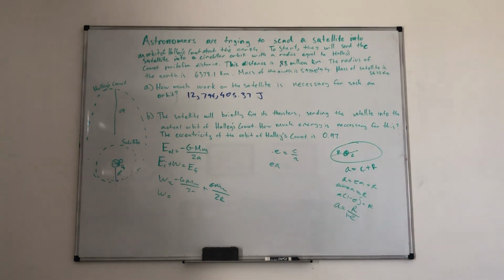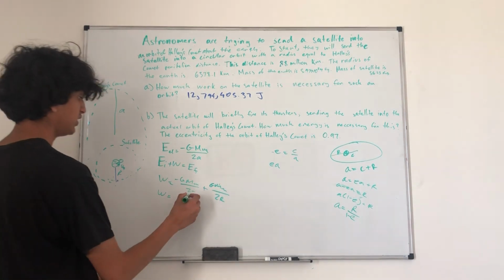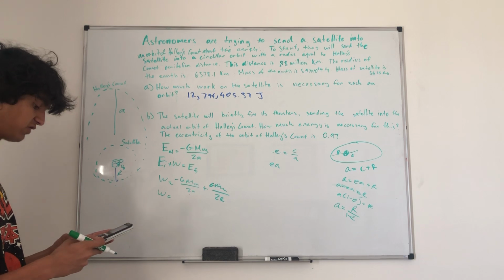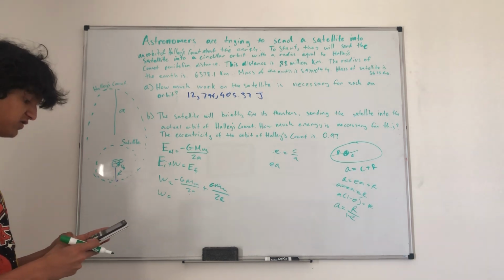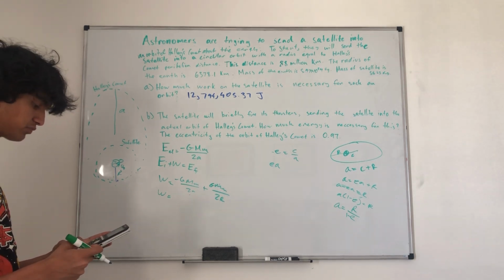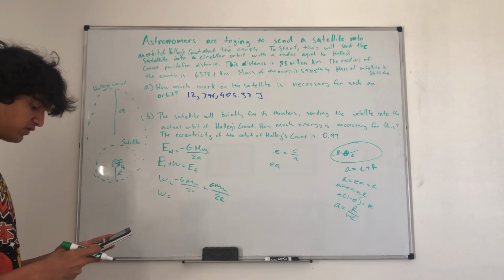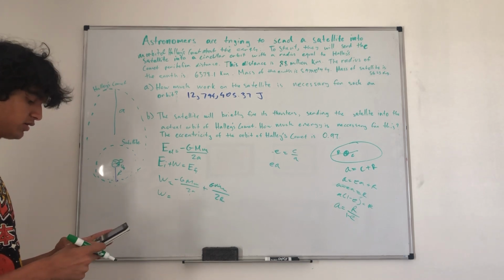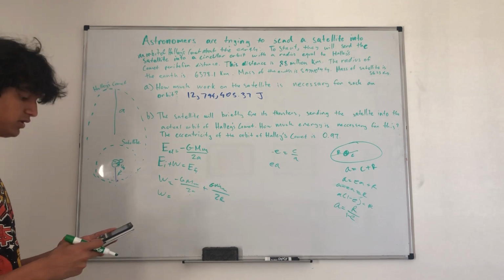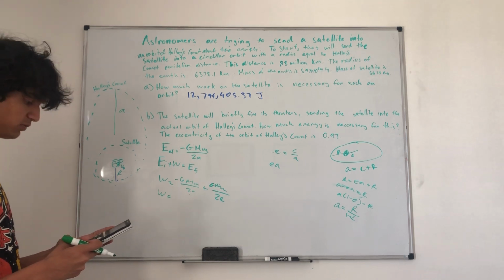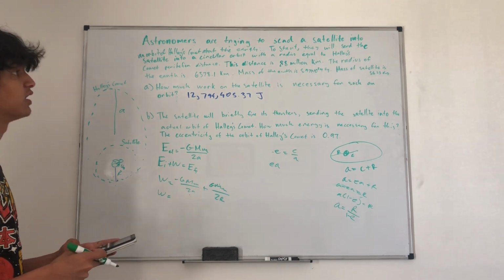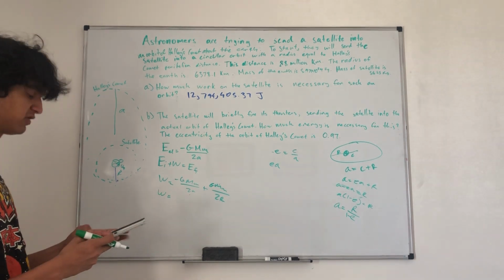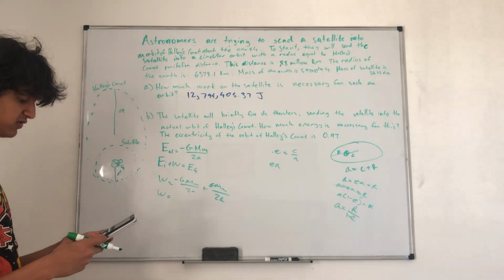What we can do now is just plug that back into here. So I'm going to just quickly do that on my own. Negative 6.67 times 10 to the negative 11th times 5.97 times 10 to the 24, times we're multiplying by the mass of the satellite, 5655.